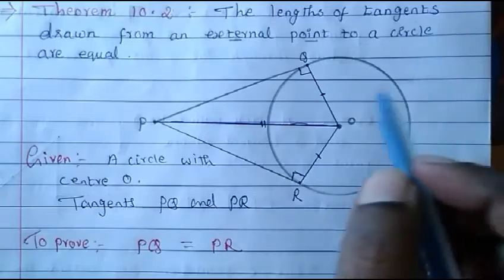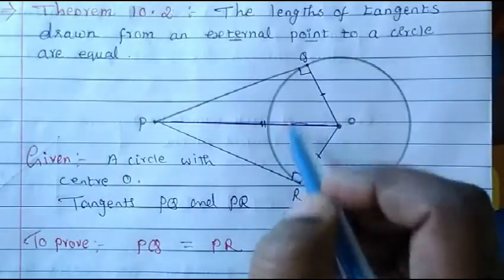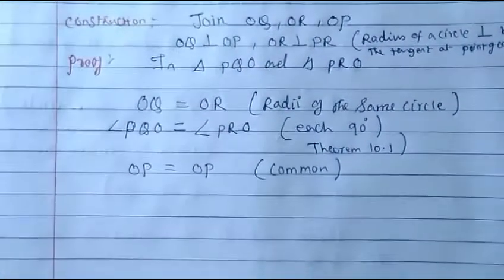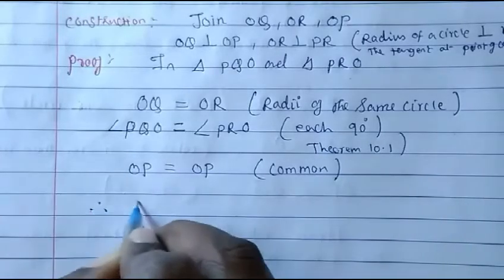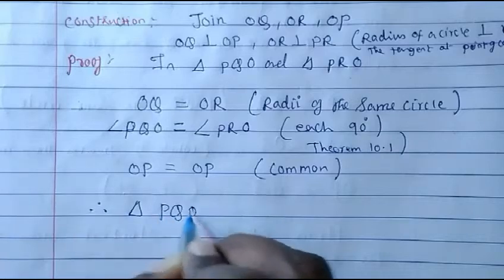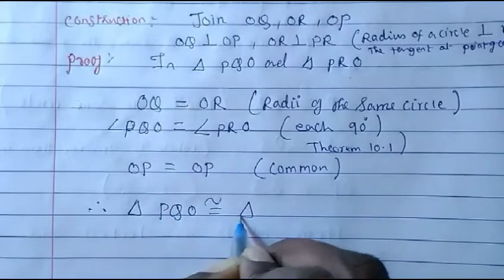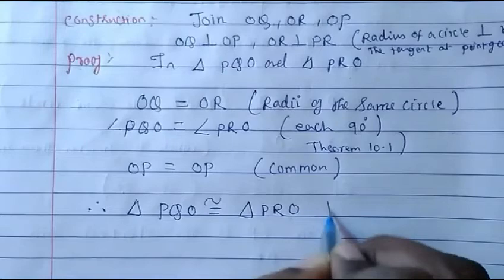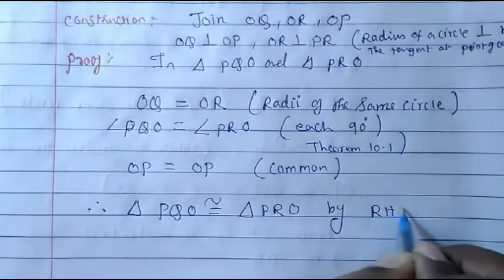So can we say by the RHS rule both are congruent? So you can write, therefore, triangle PQO is congruent to triangle PRO by RHS.